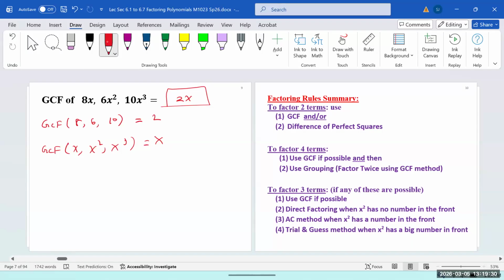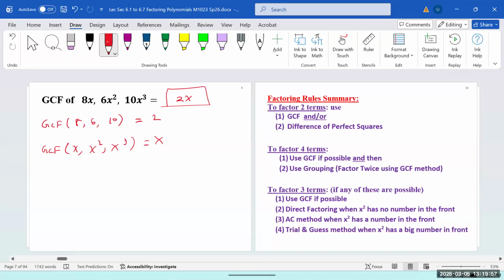Every type has its individual way of factoring. If you have 2 terms, there are only 2 ways you can factor. Either you can factor out a GCF, or you have difference of perfect squares. These are the only 2 scenarios we have for 2 terms. If you have none of them, we cannot factor anything.